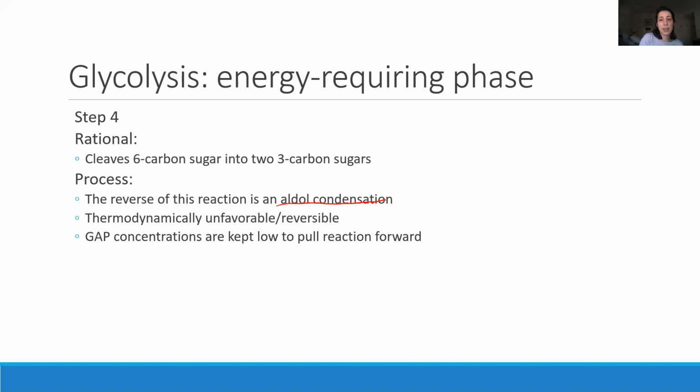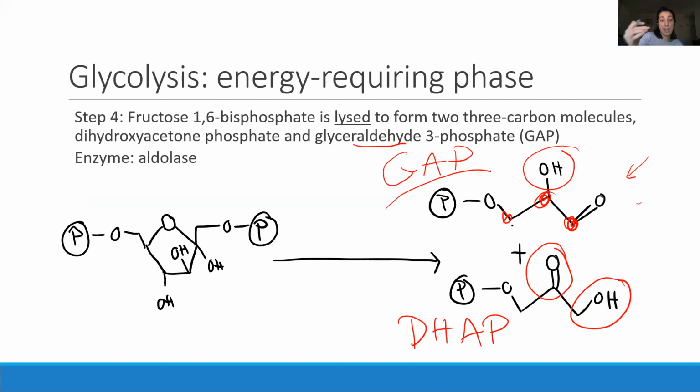But the way that we make this so that it does not reverse, so that it does not go back into the 6-membered sugar, is by keeping GAP concentrations low. GAP, like I said, is utilized in other reactions.